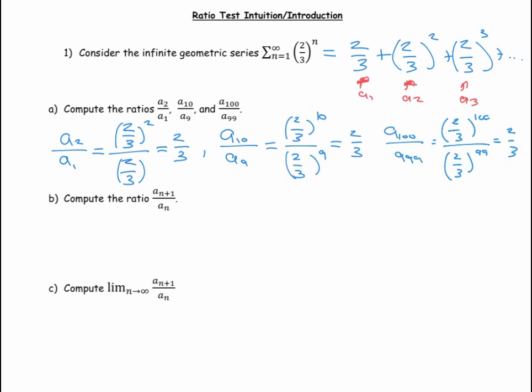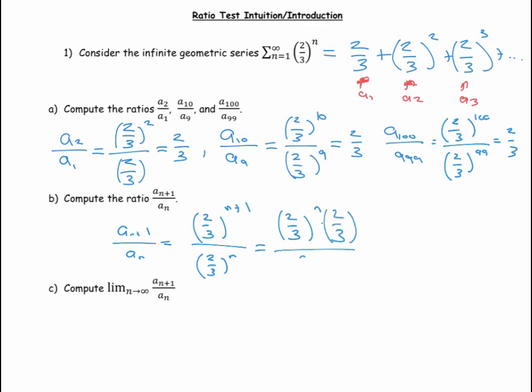That would be 2/3 to the n plus 1 divided by 2/3 to the n. Of course, there's one more 2/3 up here than on the bottom, so that equals 2/3.